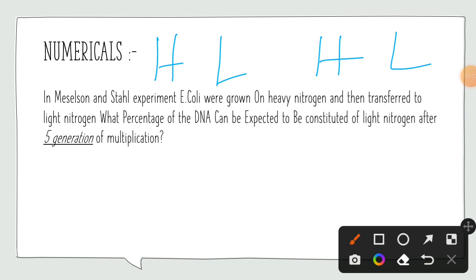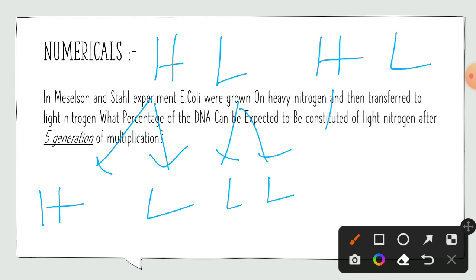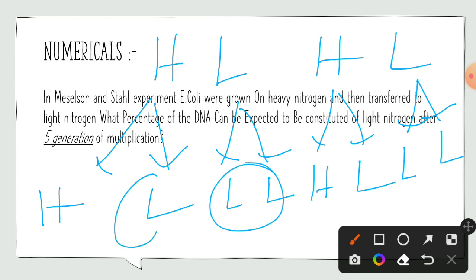Now we will again get one hybrid, one light, two light, one hybrid, one light, two light. That means we have 6 light nitrogen containing DNA and 2 hybrid DNA. That is the situation after the ending of the third generation.